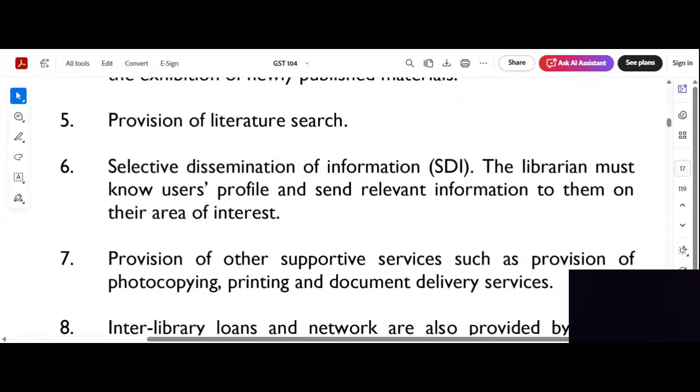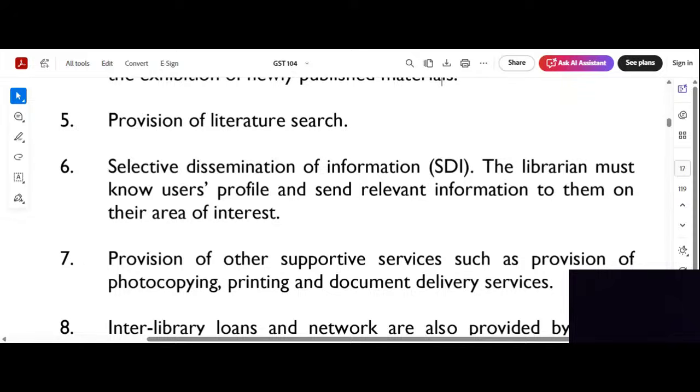So there is a question in TMA that used to say, what is the main difference between CAS and SDI? Now let me ask you guys. I've explained the two. An icebreaker now. What is the difference? The way they ask that question in TMA, you will answer it too. So don't worry, don't be in a rush. We will soon start TMA. What is the main difference between CAS and SDI?